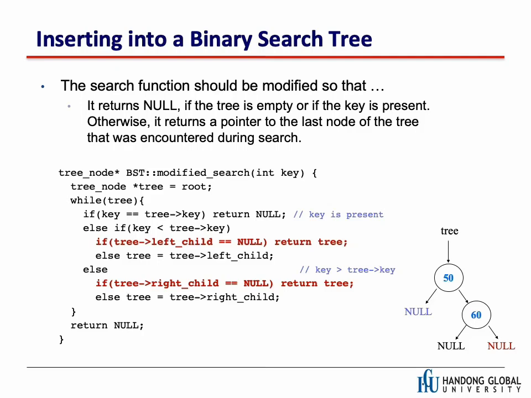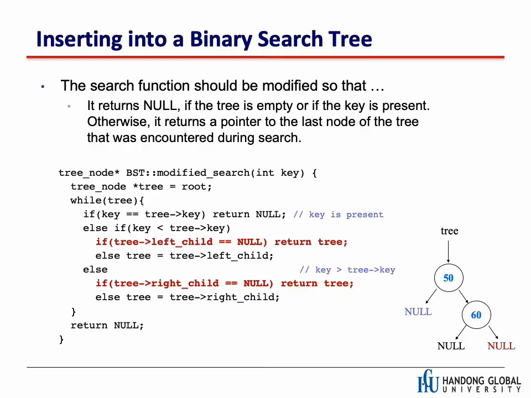If you look at this figure, this case corresponds to the null pointer in blue. Tree is a pointer here, and tree is pointing at the node 50. Let's say the key is 45. 45 is smaller than 50, so following the previous search function, we would go to the left child, the blue null pointer.